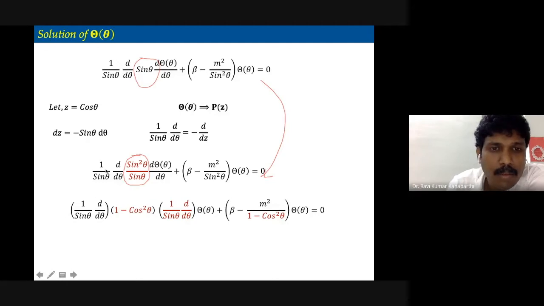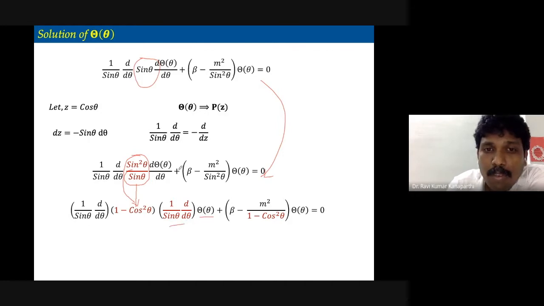Now you can simplify this 1 over sine theta d by d theta, and the numerator here is sine squared theta. Sine squared theta again you can expand like 1 minus cos squared theta. Then here there is 1 over sine theta d by d theta, and this theta of theta I have written just outside the bracket notation.